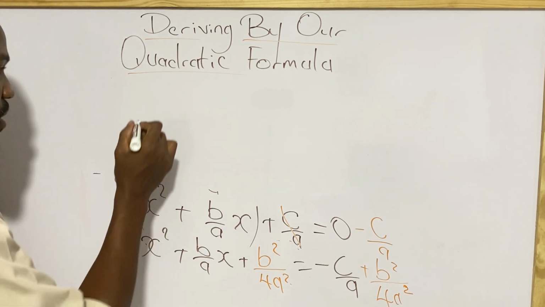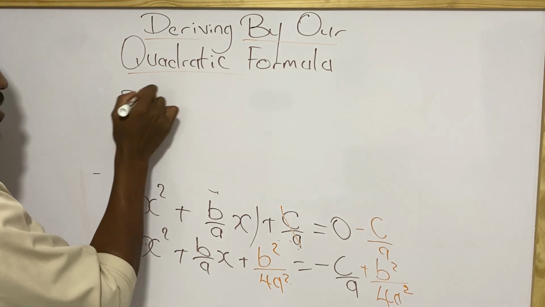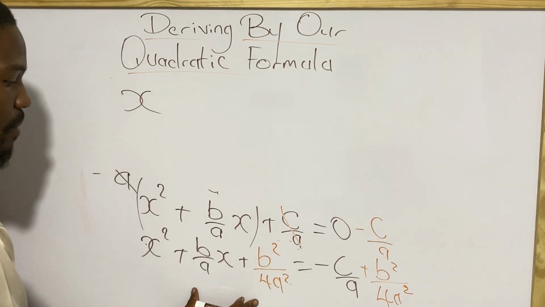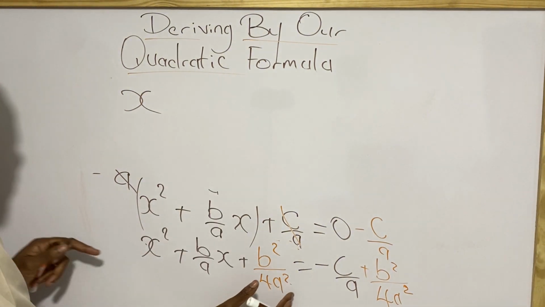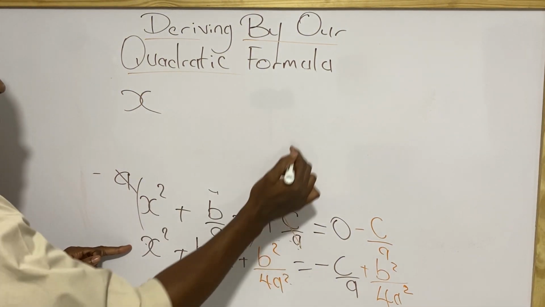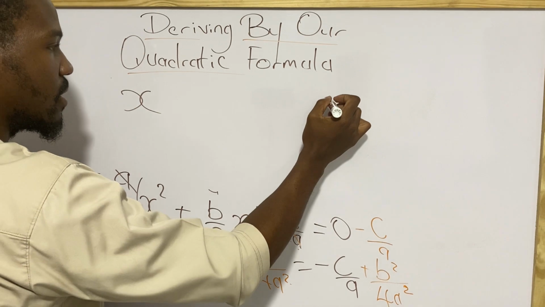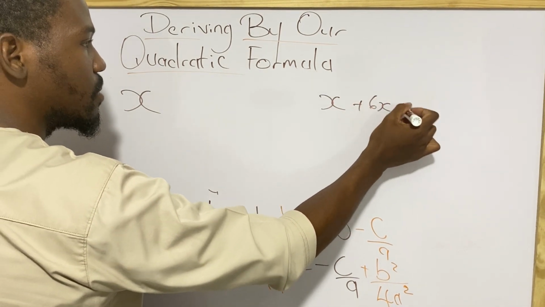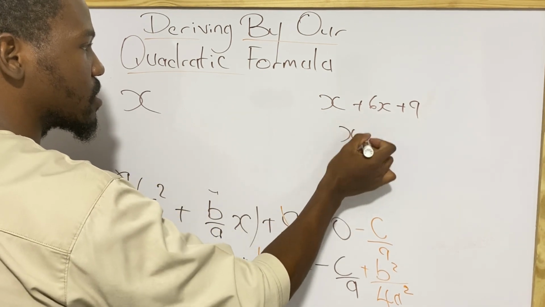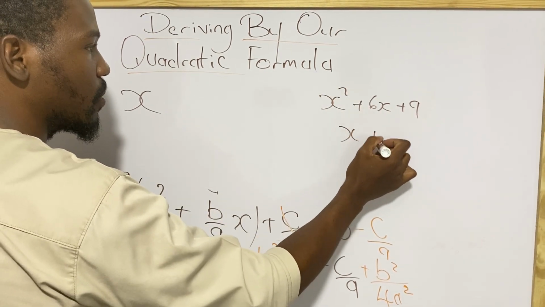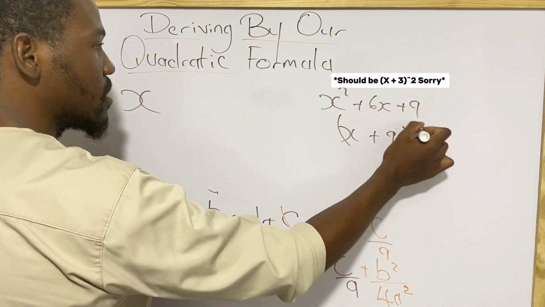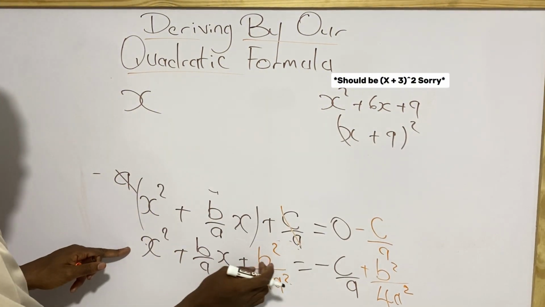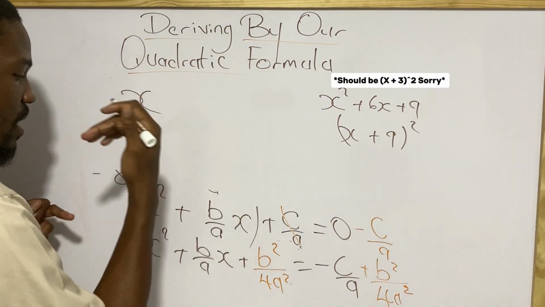And I must say it's actually beautiful looking at it from here, because now we can factorize this, as when we had x squared plus 6x plus 9. We're going to factor this as a perfect square.